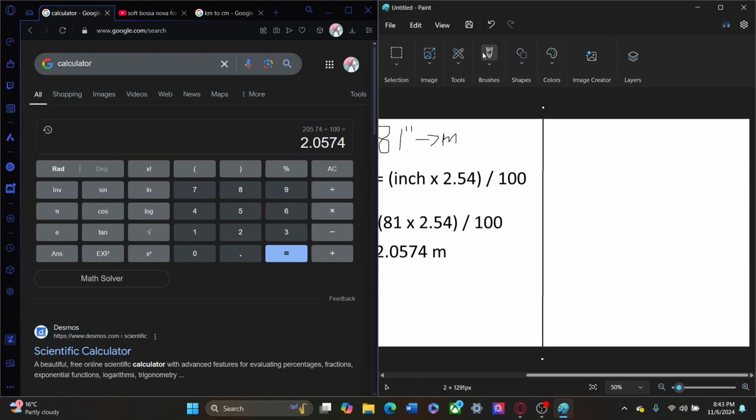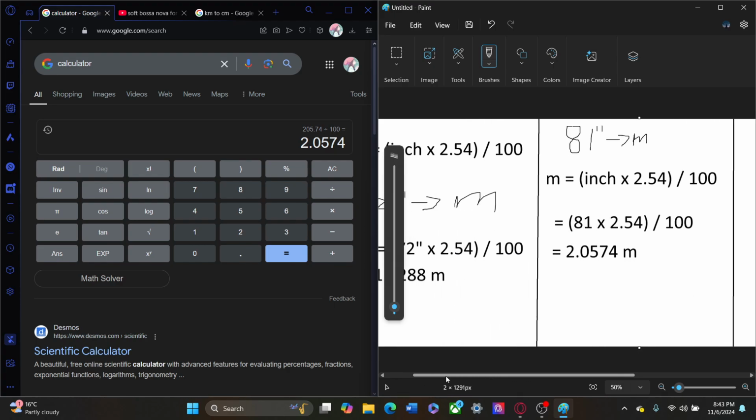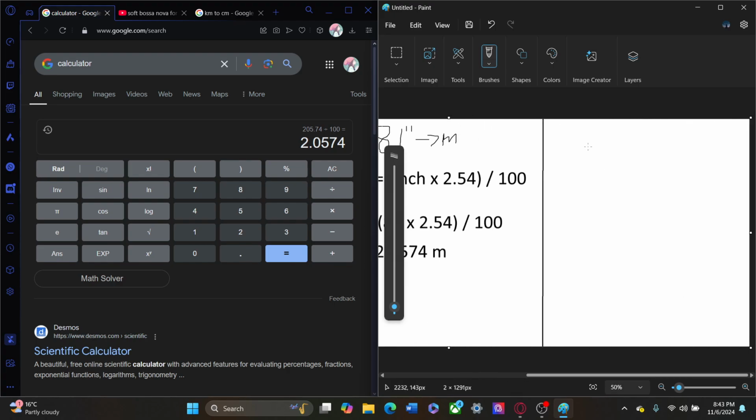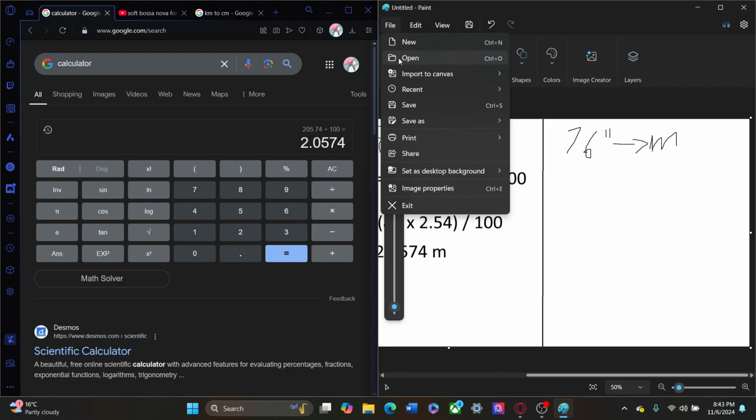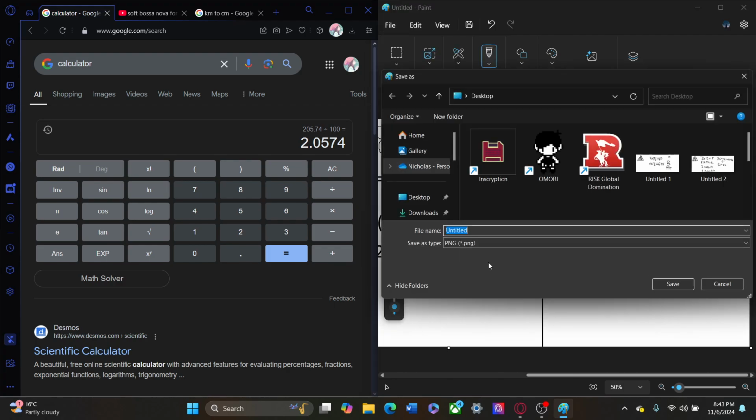So we're going to take, did 72 last time? Yes, 72. So we'll go 76 inches, okay? 2 meters, all right? Easy thing. Just make sure you send me the answer, okay? Save.